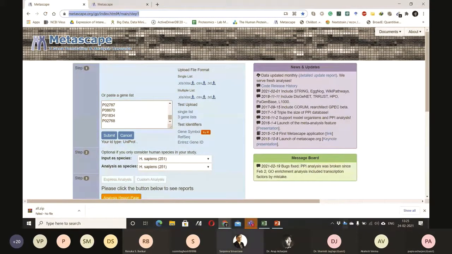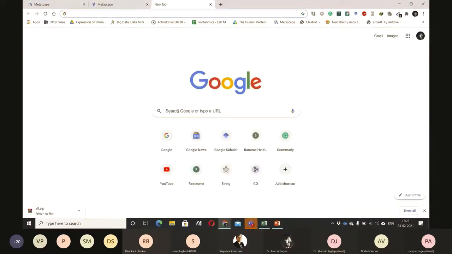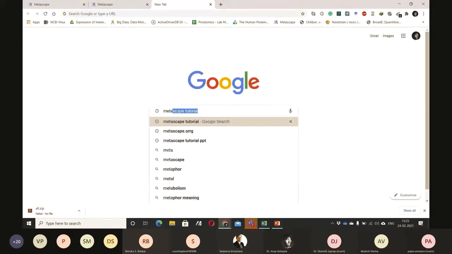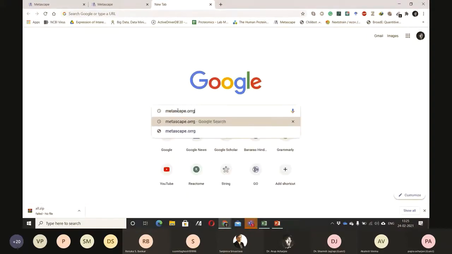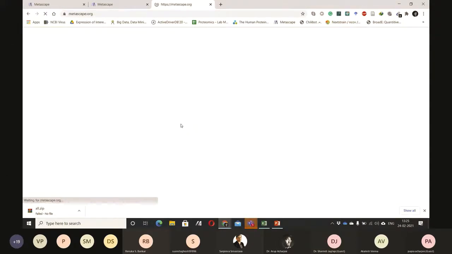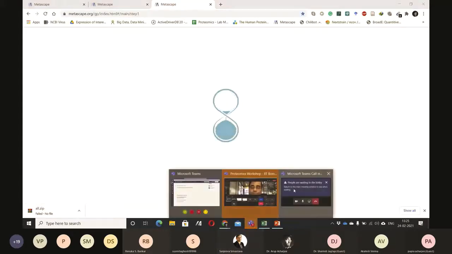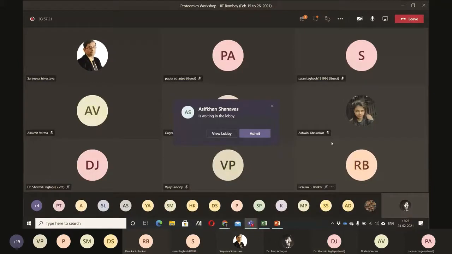I'm just dropping it. So this is the website that you can just go to Google and search: metascape.org. Can anyone from the team just do that? Yes, I'm asking others to do that.